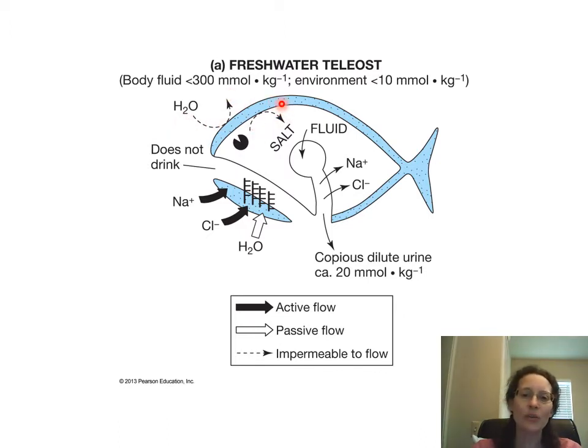And all this is telling you is that the skin is impermeable. So there's no gas exchange, no ion exchange through the skin of the fish, right? The only place we're getting this is across our permeable gill membranes. Water cannot flow in, salt cannot flow in, salt cannot flow out, water cannot flow out. All right, so hopefully this little picture helps explain some of what we just talked about on the previous slide.